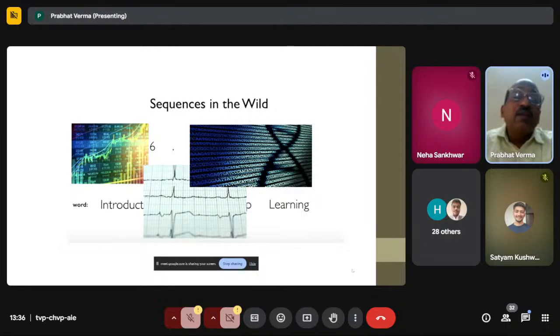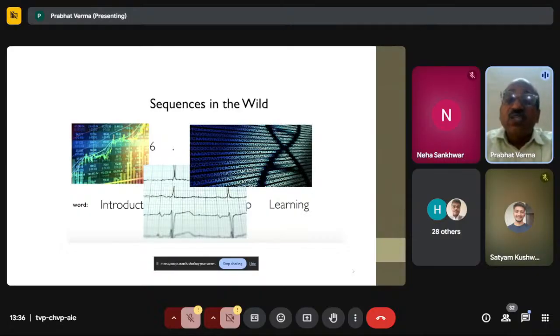Similarly, take the example of the stock market. The various values of the stocks may rise or fall during the day. So there is a sort of sequence, or temporal data. This is also called temporal data. Take the example of genetic or DNA sequencing.